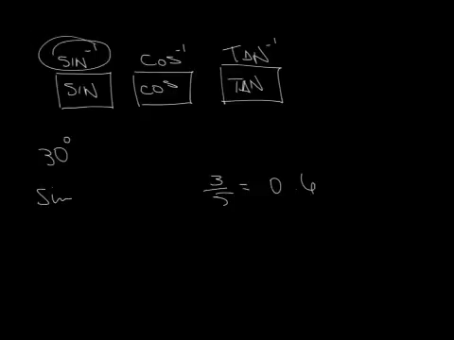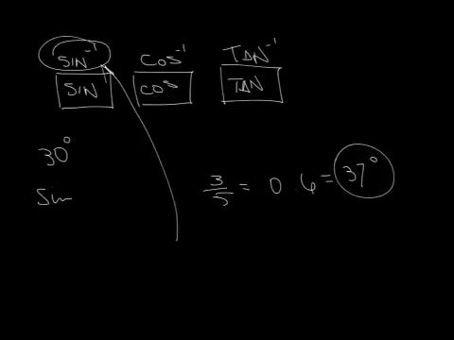I would push shift sine, and that would give me 37 degrees. So you use this button if you don't know the angle and you're looking for the angle. You use this button if you know the angle and you want to know the ratio.